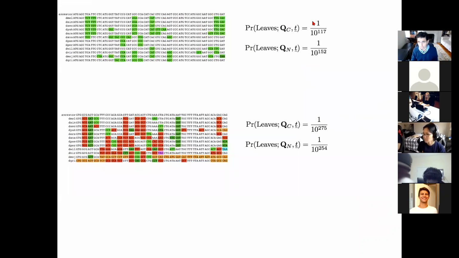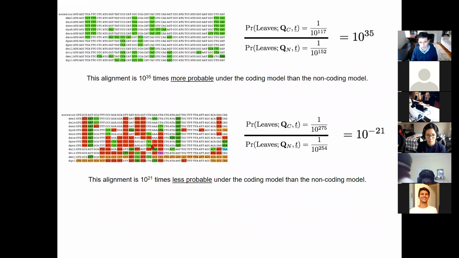So carrying out this exact likelihood ratio gives us 10 to the 35 for the odds ratio here. So that basically means that this region is 10 to the 35 times more likely to be protein coding than non-coding. And that region is 10 to the 21 times more likely to be non-coding than protein coding.